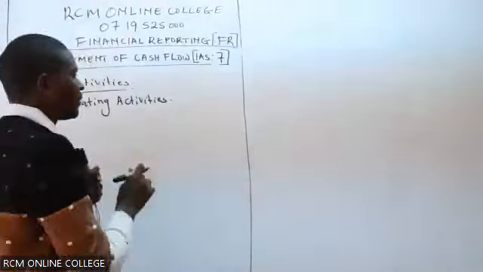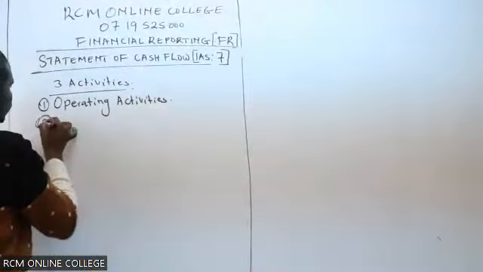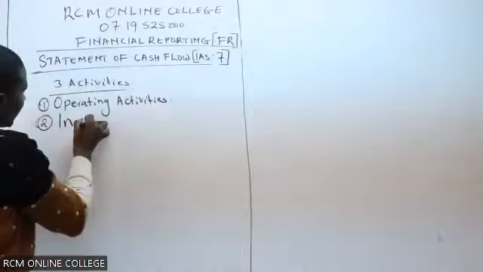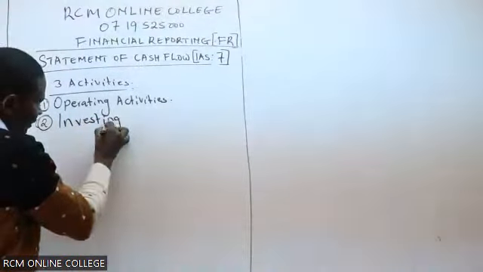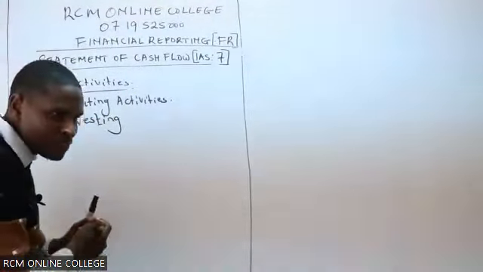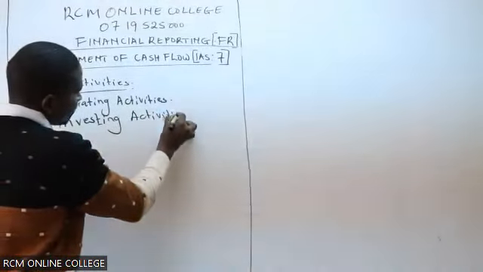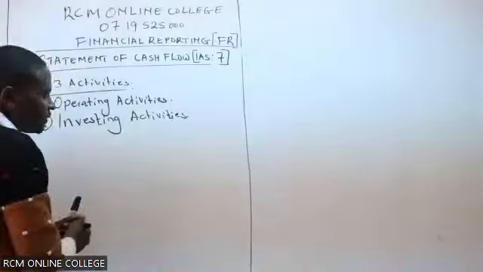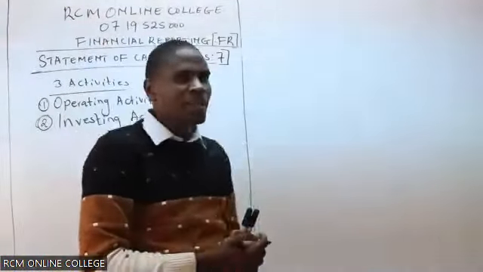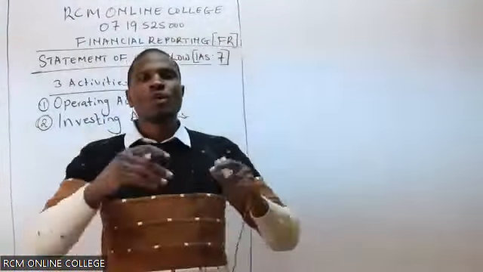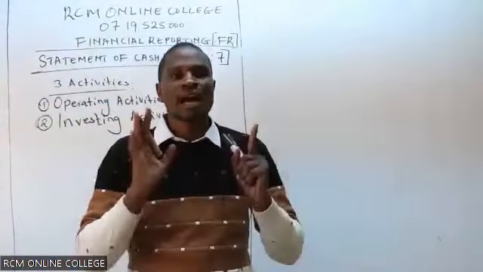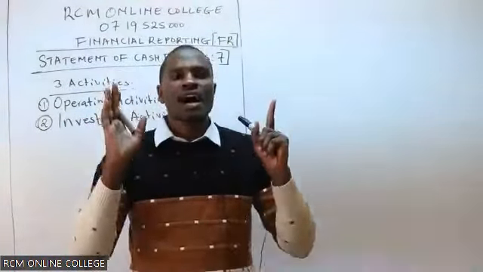Then we have activity number 2, which is investing activity. Thank you very much. I can see you are still giving me those investing activities. Investing activity, class. When we talk about investment, we invest in non-current assets.